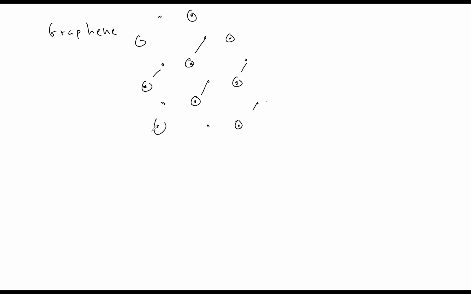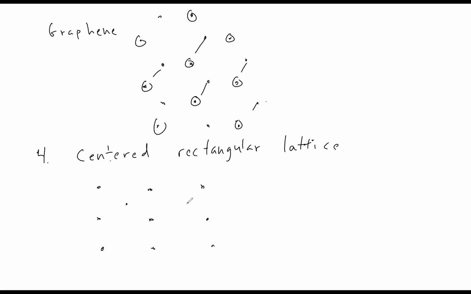All right. The next type of 2D Bravais lattice we can think about is called the centered rectangular lattice. This is like a rectangular lattice with points in the middle.